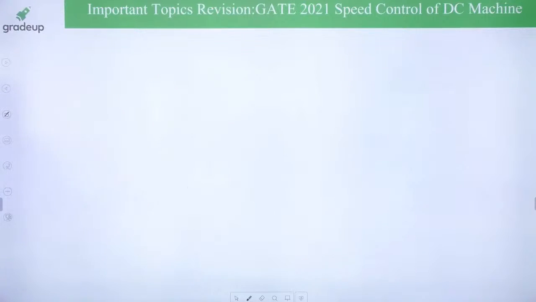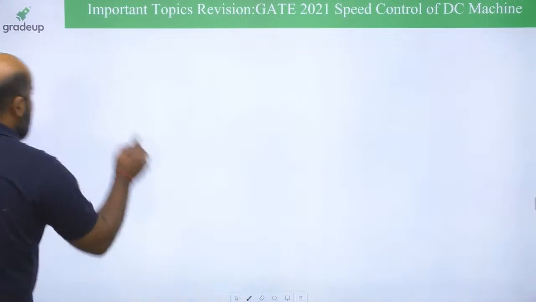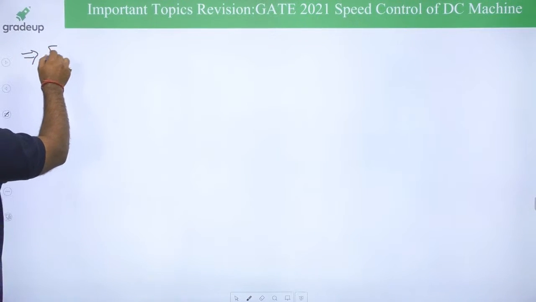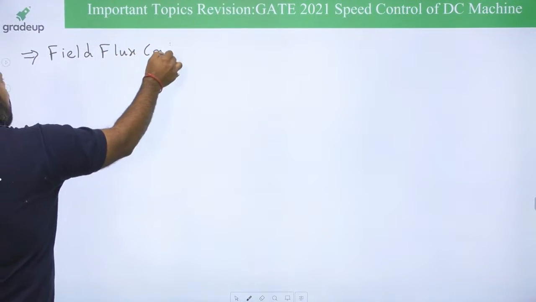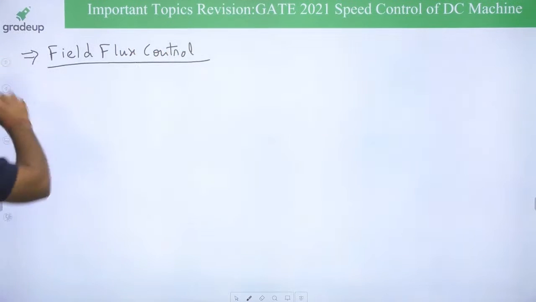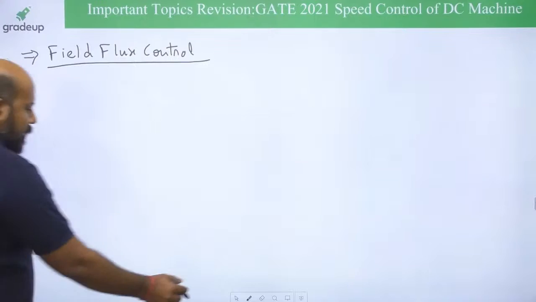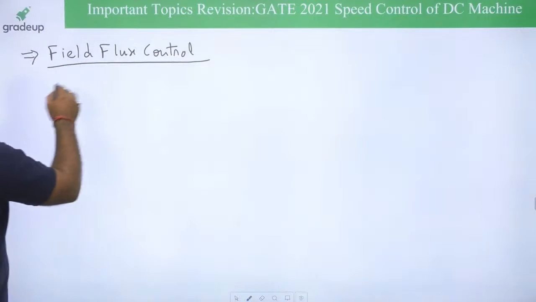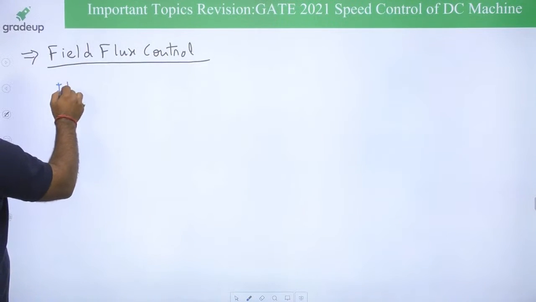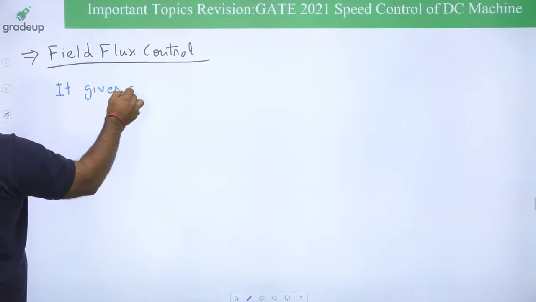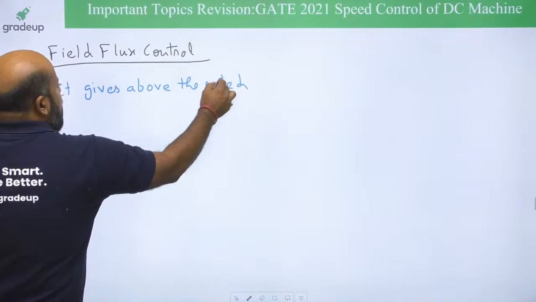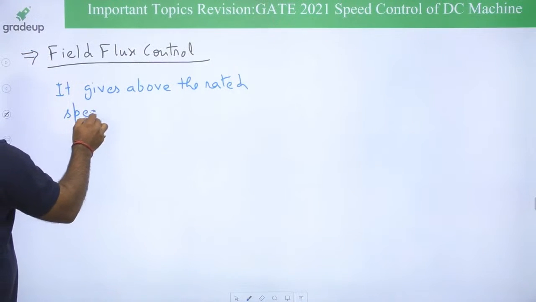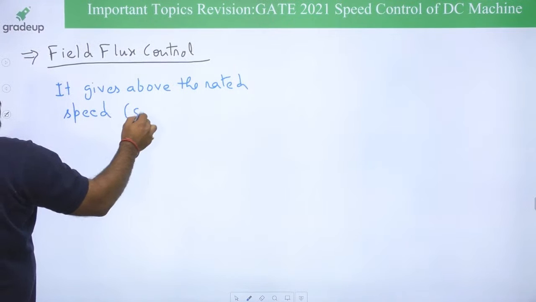So first we will be starting with the field flux control. When we talk about the field flux control, you have to understand that it gives above the rated speed control.